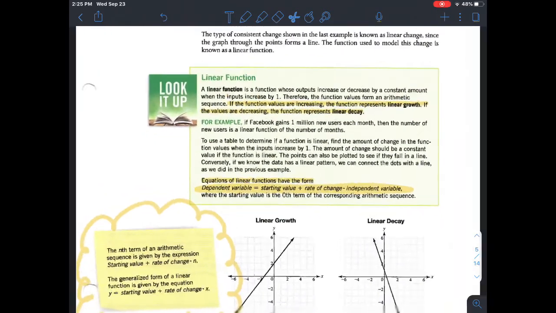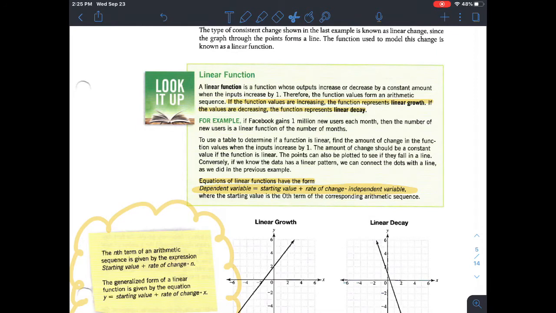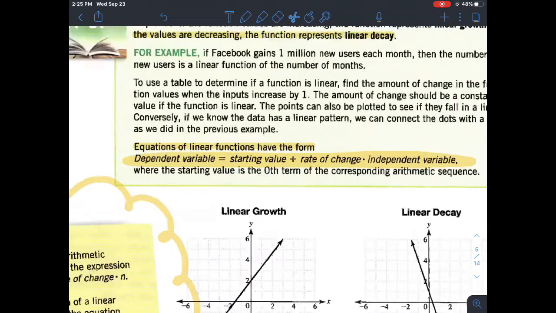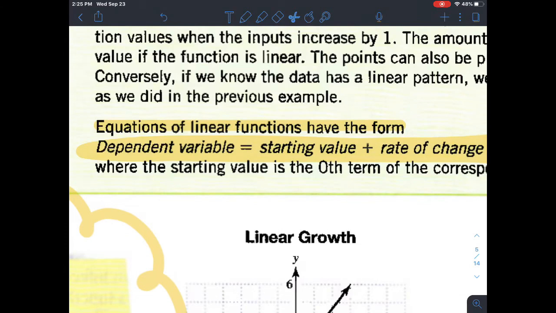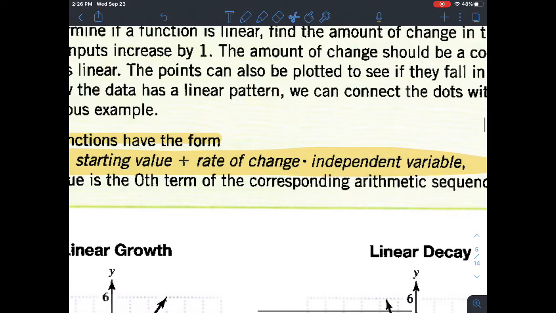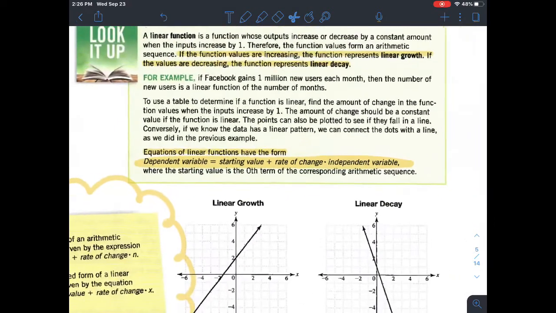Linear growth is an increasing function. Linear decay is when the values are decreasing. Equations of linear functions have the form dependent variable equals the starting value plus the rate of change times the independent variable.